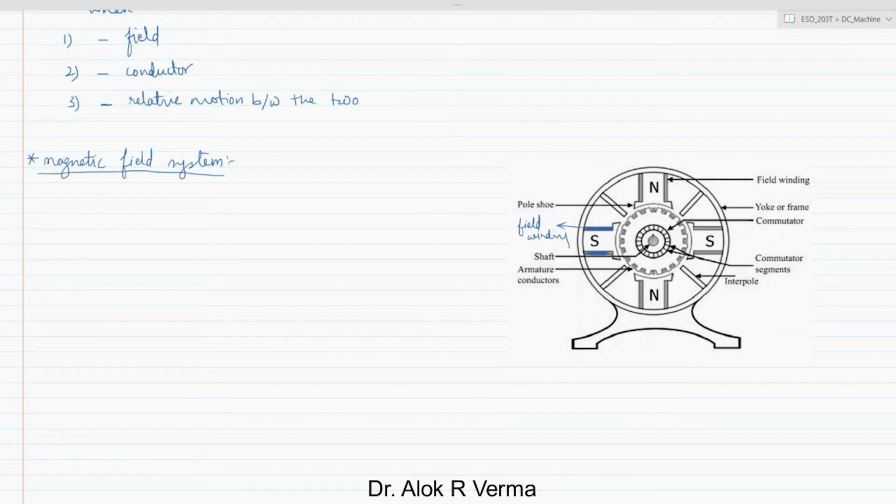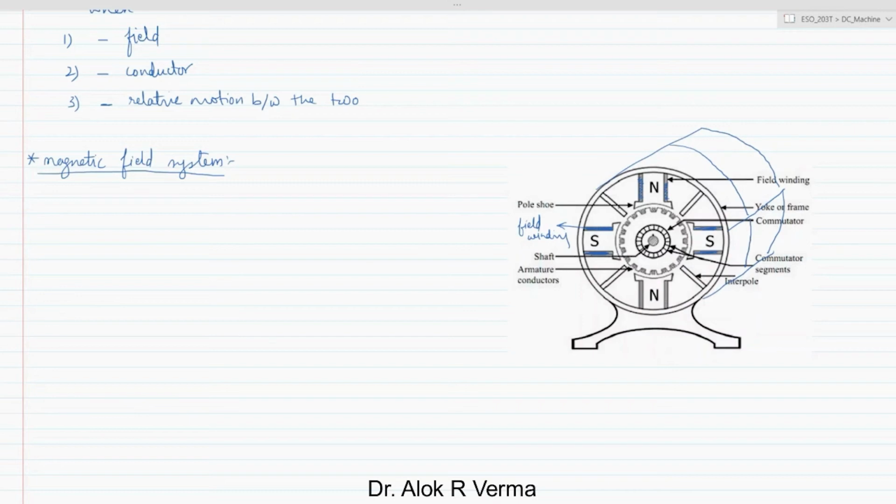The shaded or gray portion you are seeing is the field winding, which produces the magnetic field. The outer frame is a hollow cylinder. So this is the machine, this is the motor. This is a cut section, a hollow cylinder which is cut.